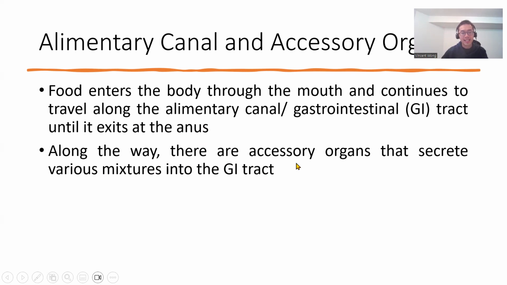Along the way, there are accessory organs that secrete various mixtures into the GI tract. So the salivary glands, the liver and the gallbladder, the pancreas, all these are accessory organs. They add various mixtures to help digest the food that is passing through the GI tract.